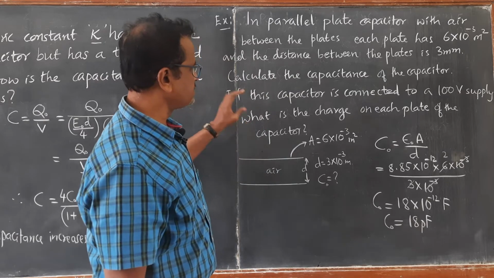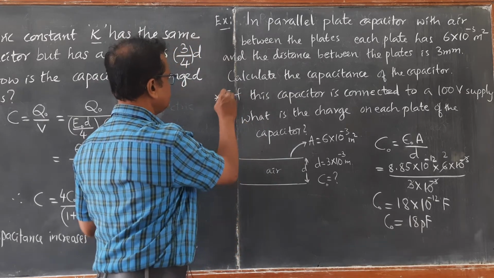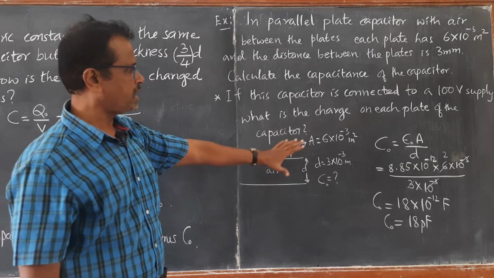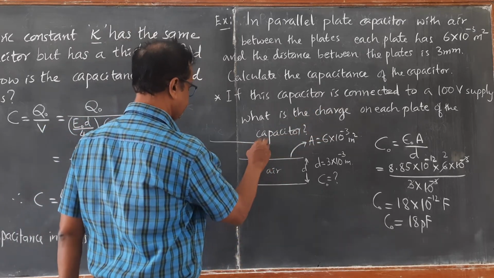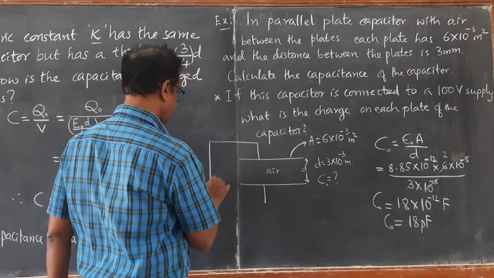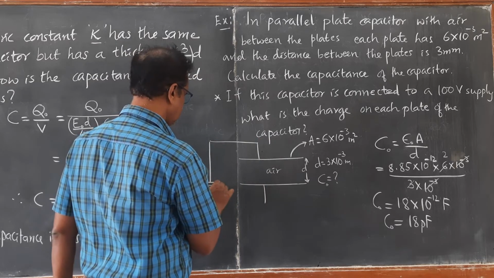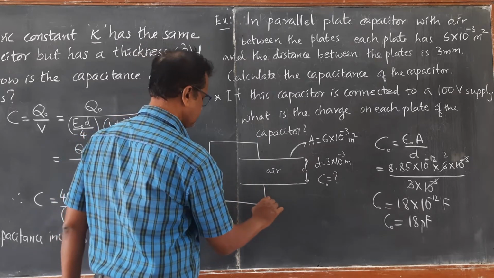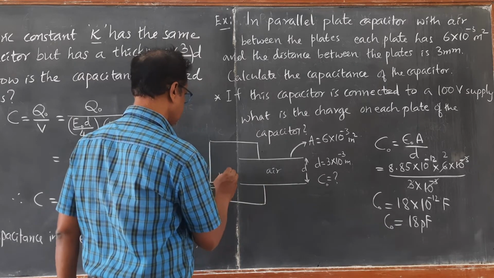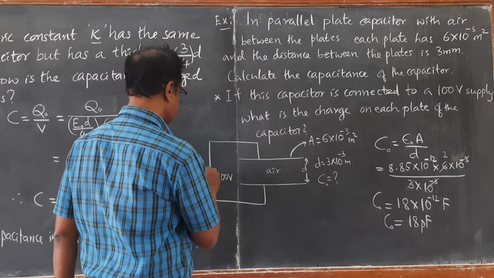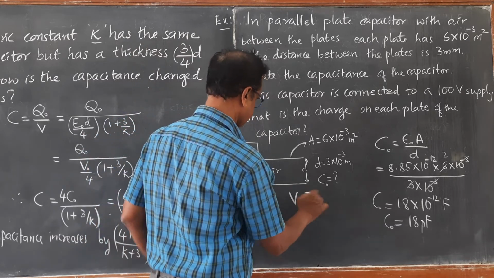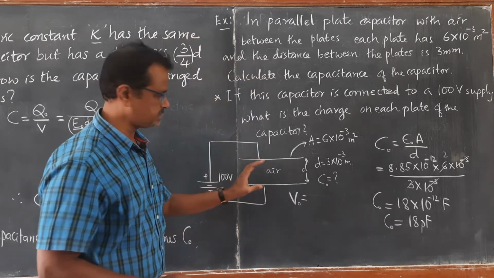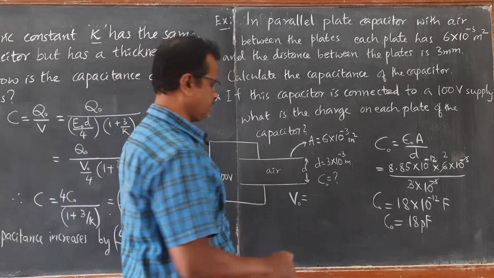Now the second part. If this capacitor is charged with a 100 volt supply, suppose it is connected to a battery of potential difference 100 volts, then V is V naught, because it is filled with air or vacuum, free space.